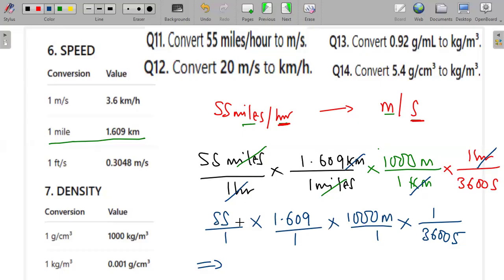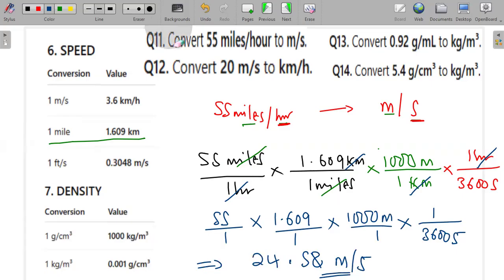When I multiply whatever is on top, 55 multiplied by 1.609 multiplied by 1000, and then divide by 3600, what I'm getting is 24.58. Round it off to 2 decimal places, and these will just be meters per second. So we've managed to convert from miles per hour to meters per second using dimensional analysis.